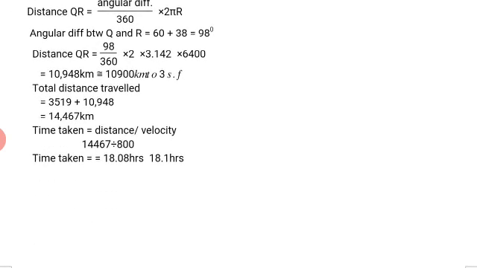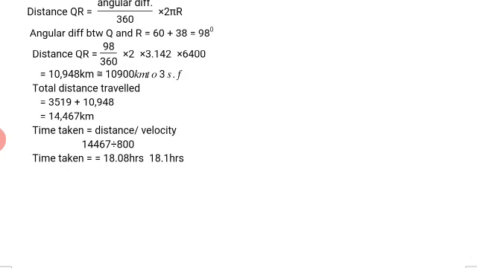So our total distance traveled is given as the sum of the two distances, which is 3,519 plus 10,948, and that gives us 14,467 kilometers. Recall that velocity is equal to distance over time. From there we can see that time taken will be equal to distance over velocity, and that gives 14,467 divided by 800, which gives us 18.08 hours, which is 18.1 hours to 3 significant figures.